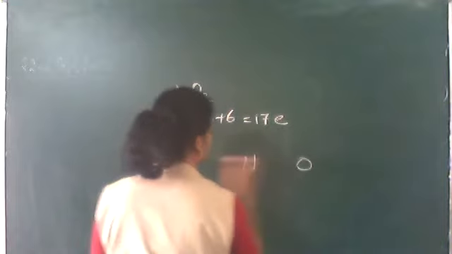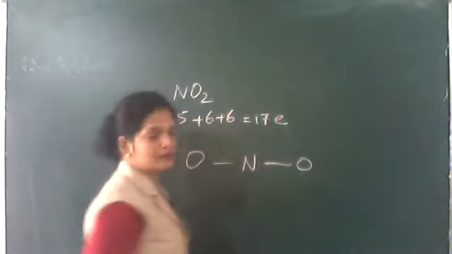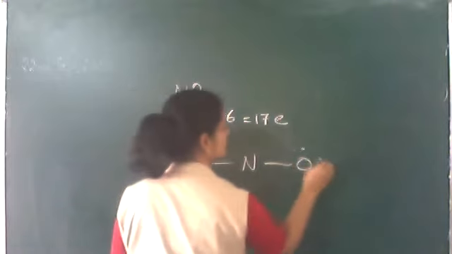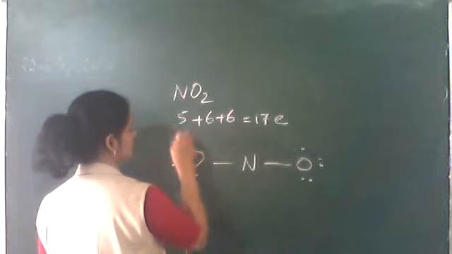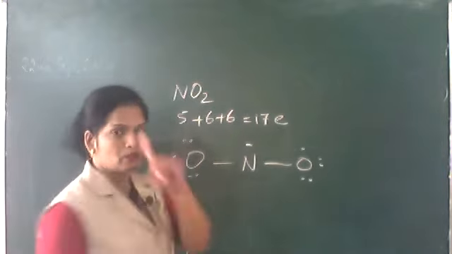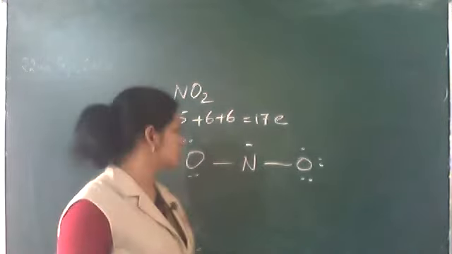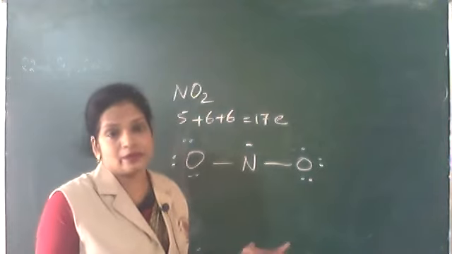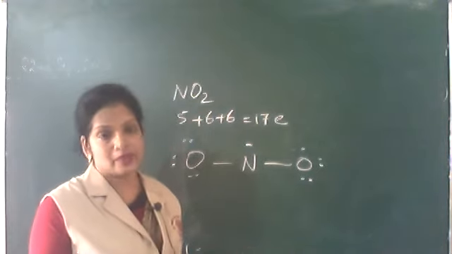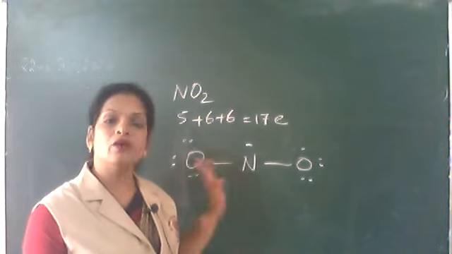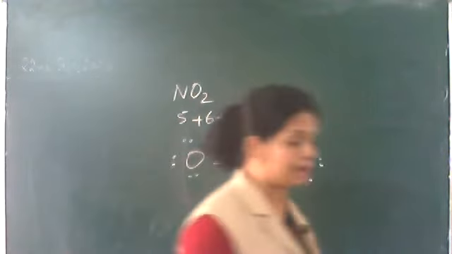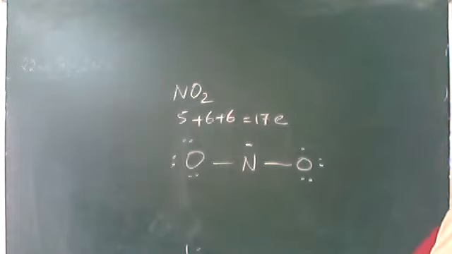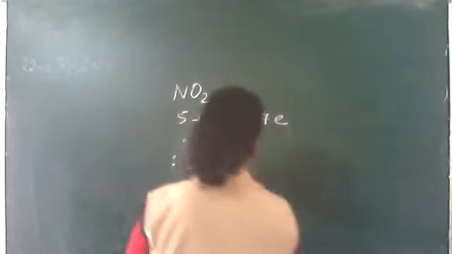Nitrogen in the center, oxygen on each side, with a minimum of 1 bond each: 2, 4, 6, 8, 10, 12, 14, 16. Now see, only 1 electron remains. In odd electron species, nitrogen cannot have 8 electrons, because 8 is an even number. So the central atom does not have 8 electrons. This is another deviation from the octet.